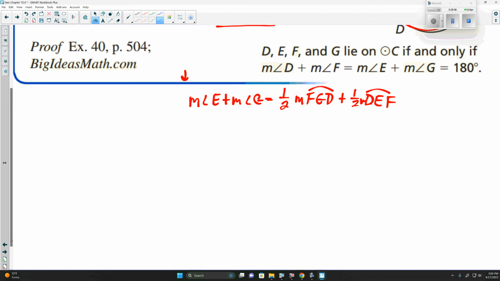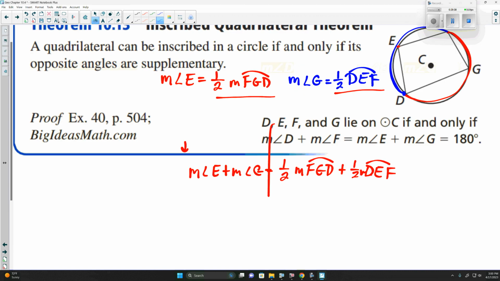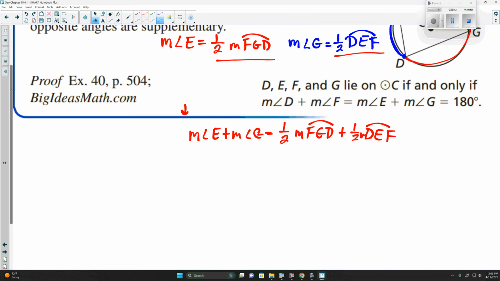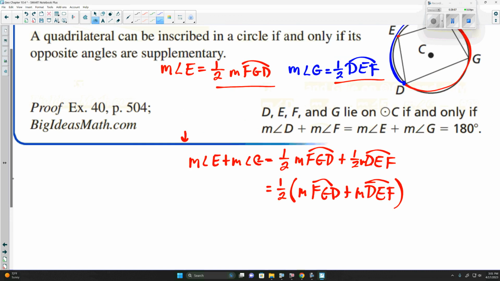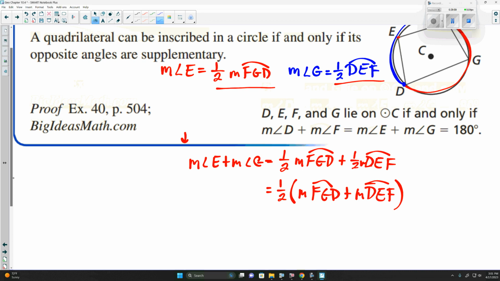Now, one thing we can do with both of these here is factor out the 1/2, which is just 1/2 of the measure of FGD plus the measure of DEF. Wait a minute. FGD plus DEF is what? The whole circle, yes?